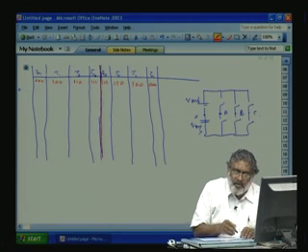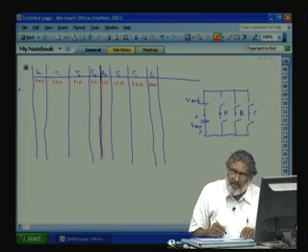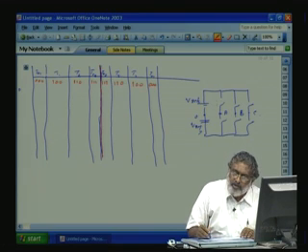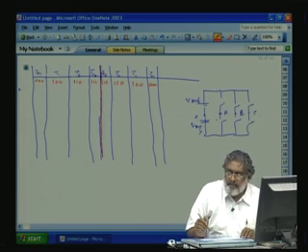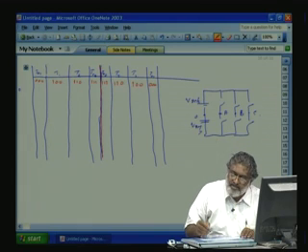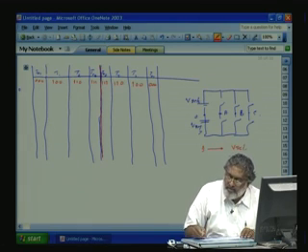So let us see according to this how the pole voltages look. The pole voltages are measured with respect to the fictitious center tap. When the top switch is on, it is VDC by 2, and when the bottom switch is on, any pole will be minus VDC by 2. That means 1 indicates VDC by 2, and 0 indicates minus VDC by 2.